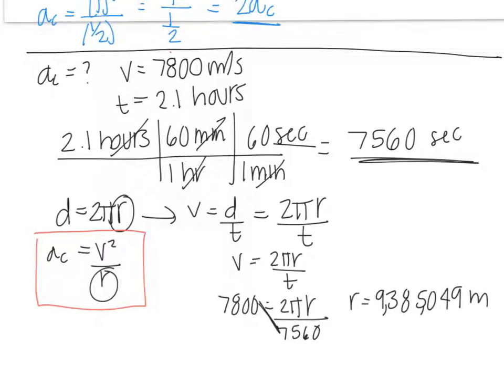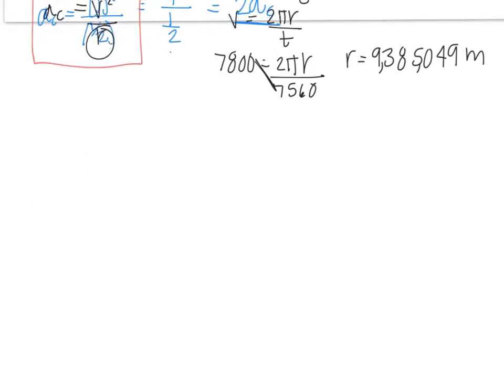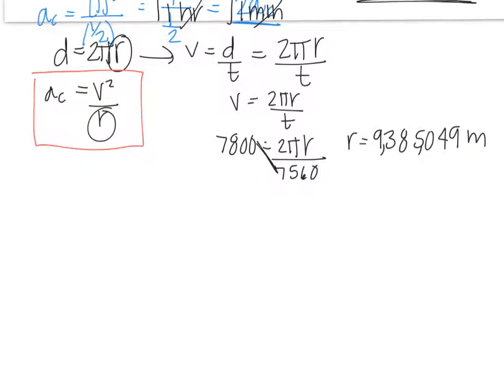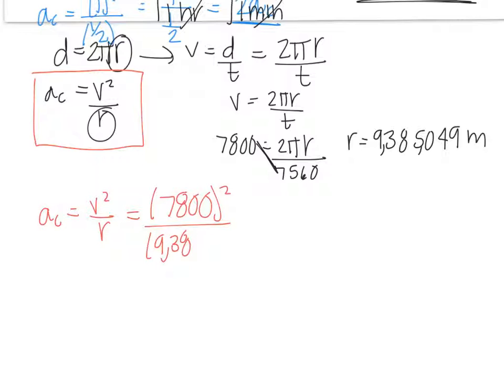All I do is plug in. I've got A_C is equal to v squared over r. I found v to be equal to 7,800 based on my givens, squared over r, which I just solved: 9,385,049 meters.